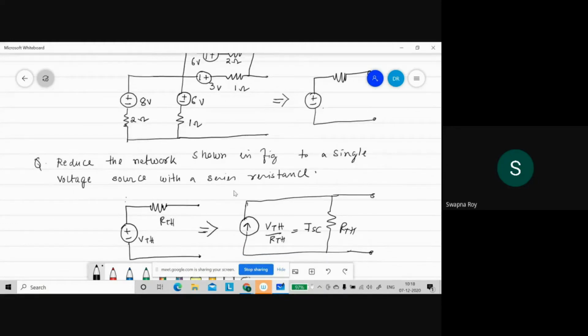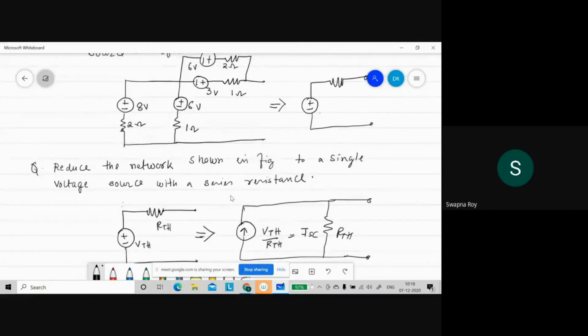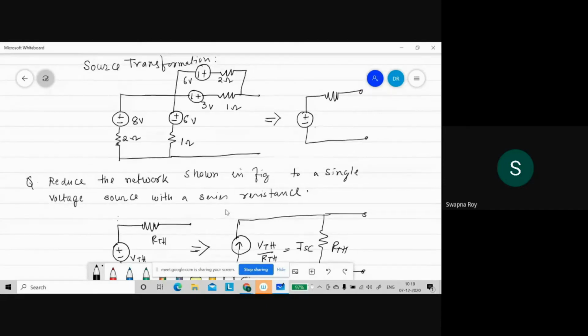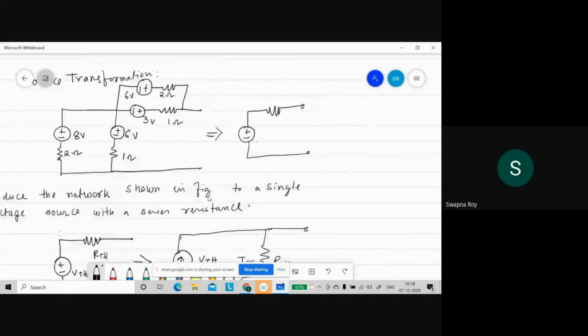An ideal current source is one which keeps a constant current irrespective of the voltage across it, that is, the source impedance or resistance is infinite. Hence, if it is required to convert a voltage source V in series with an internal resistance R to an equivalent current source, it is done by replacing the voltage source with a current source of value V by R.